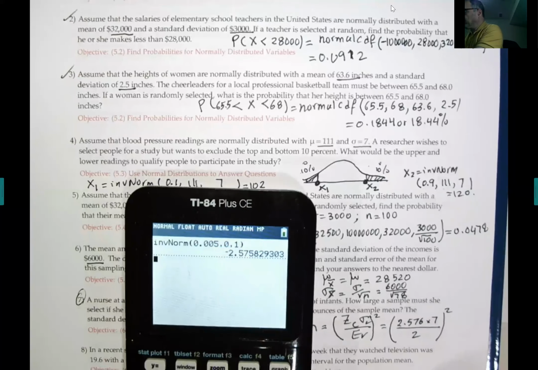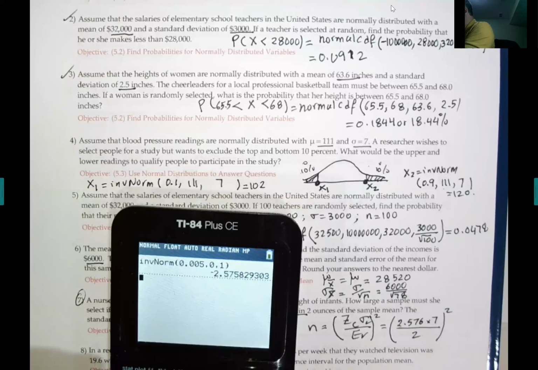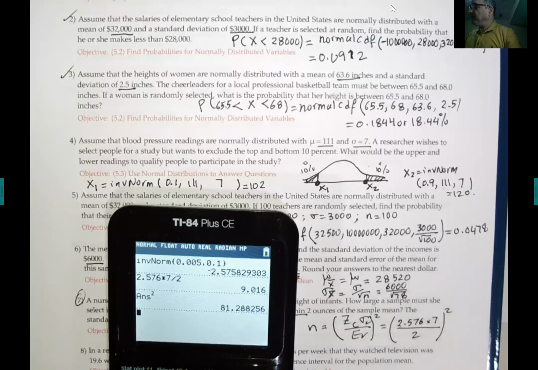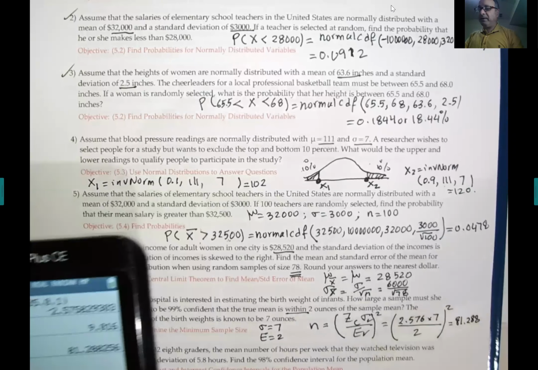All right, so let's do 2.576 times 7 divided by 2 and then square. I got 81.288, guys. So what would be the sample size? The sample size must be a whole number. Remember that. If you put this answer into the system, it's going to mark you wrong later. So what should be the sample size?